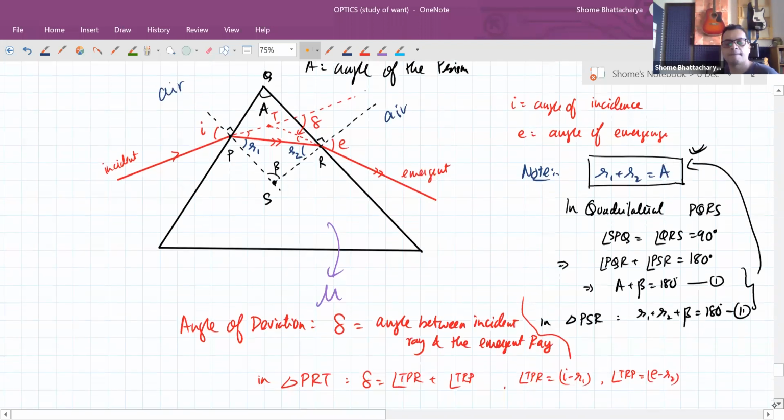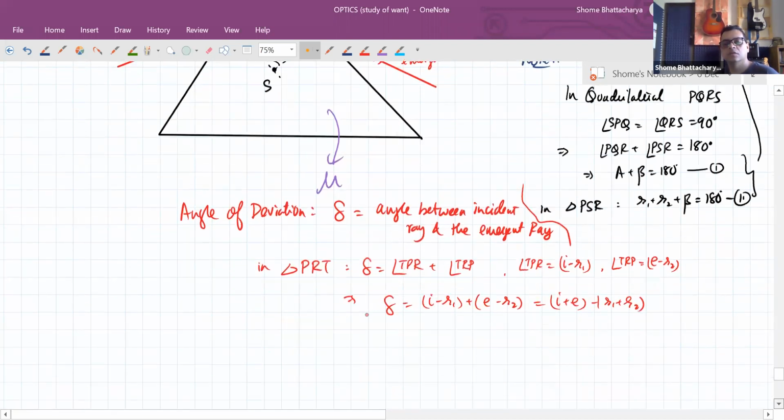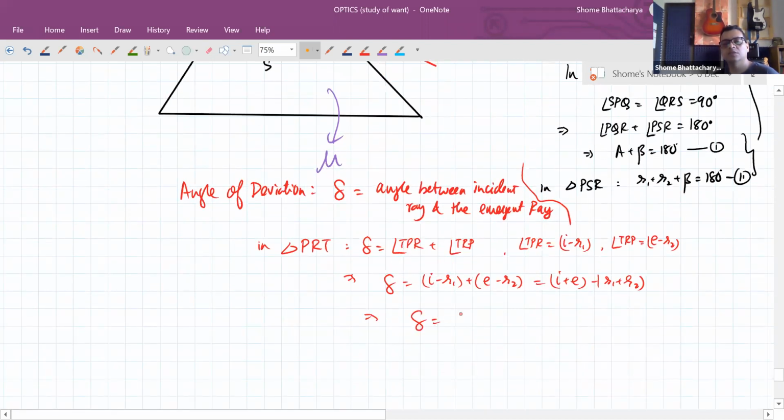So the angle of deviation becomes I minus R1 plus E minus R2. So it becomes I plus E minus of R1 plus R2. So the angle of deviation becomes I plus E minus A. So this is the angle of deviation.